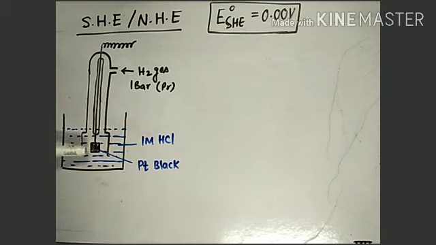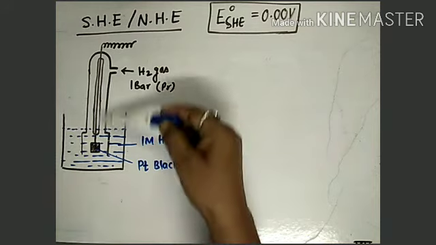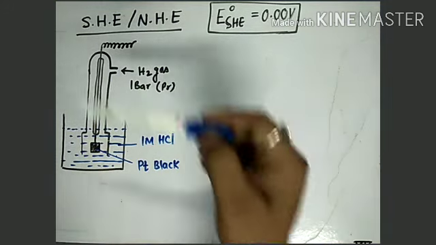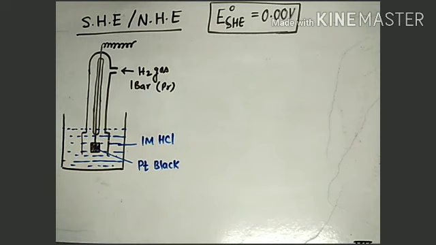It is connected with the platinum wire and finally with the connecting wire here. So this is the complete structure of SHE, and let's see how it works.